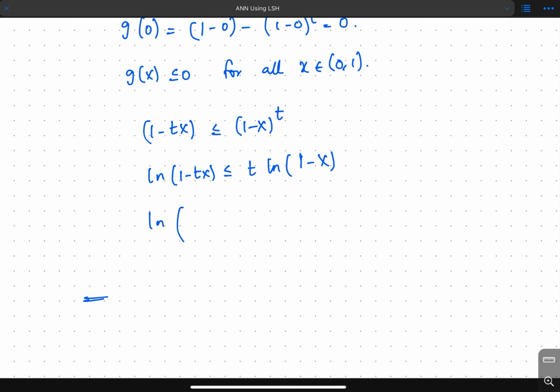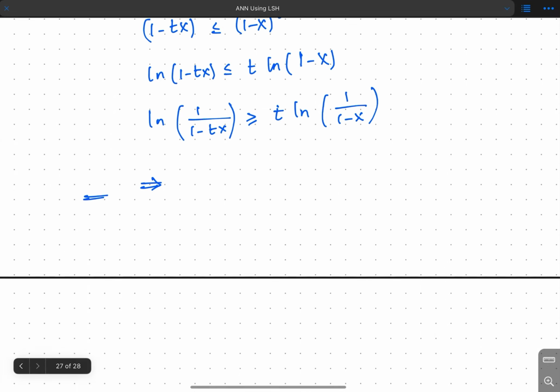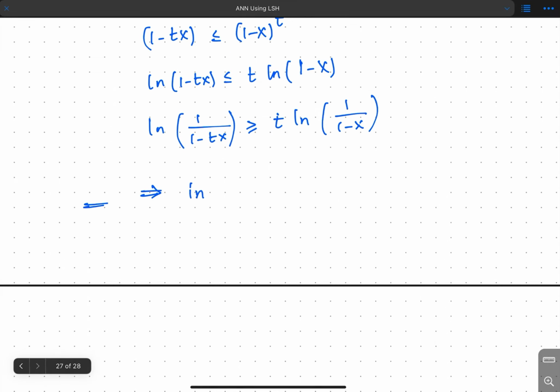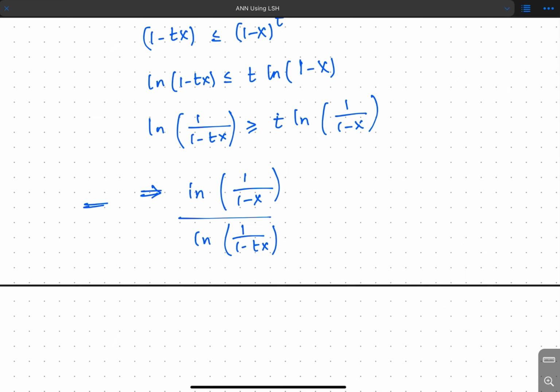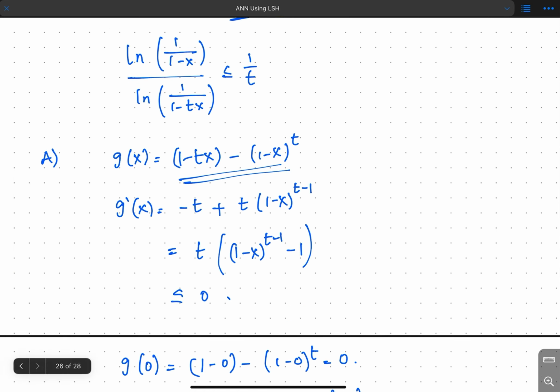Let's make them positive by multiplying with minus 1 on both sides. So this implies that ln(1/(1 minus x)) by ln(1/(1 minus tx)) is at most 1 by t. Okay, so we have this.